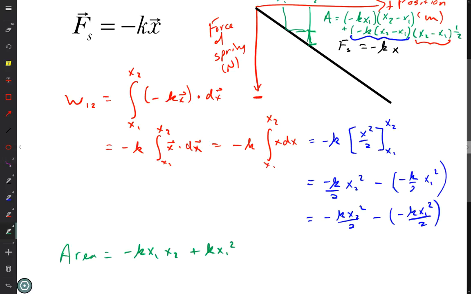And then I'll have plus, and I'm going to put the 1/2 first now. There's a minus k out front, so I actually should have just put a minus here, minus 1/2 k. And then I have x2 squared minus 2 x1 x2 plus x1 squared.